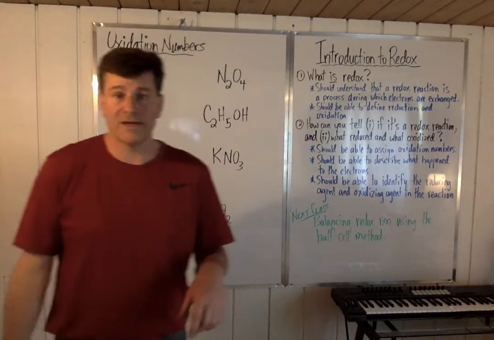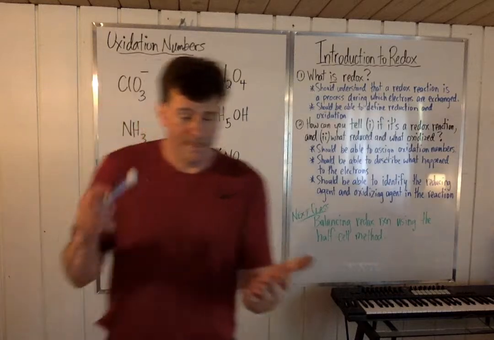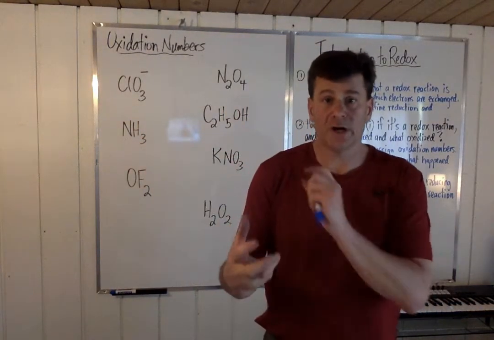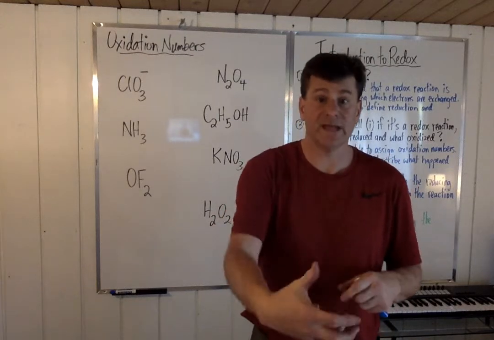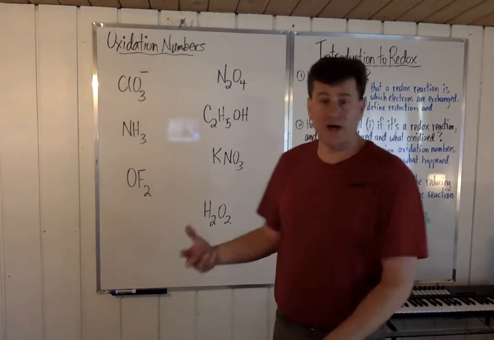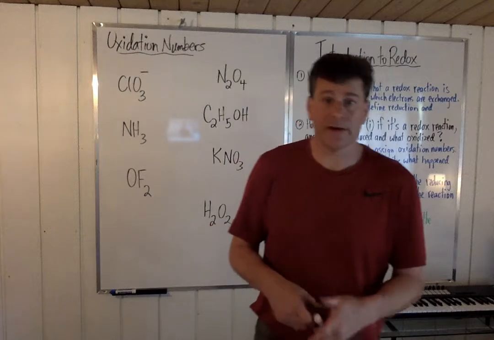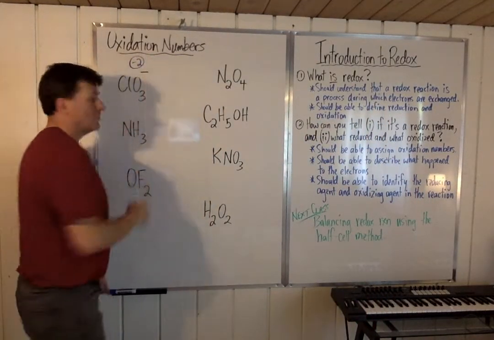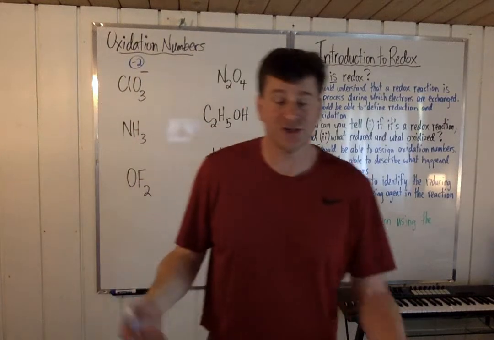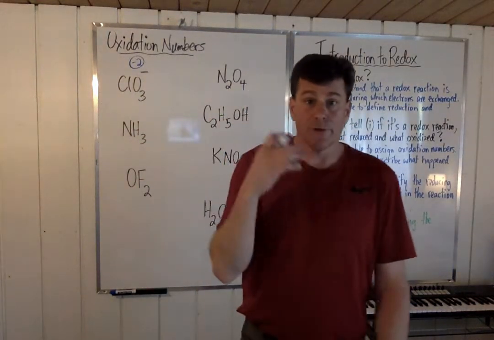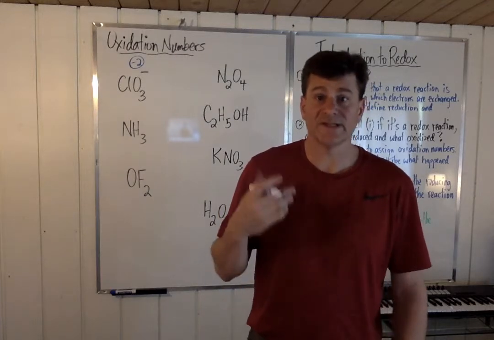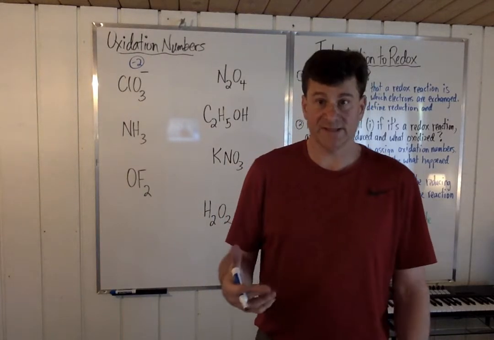Okay, so the first one I'm going to do is this guy over here. The ClO3 -1. So I've got a chlorine and I've got 3 oxygens. You put all those oxidation numbers together, they have to come out to -1. Who gets priority, oxygen or chlorine? Oxygen's higher on the priority list. Oxygen's -2. So I'm writing a little -2 above the oxygen. There are 3 of them, so the total charge from the oxygens is 3 times -2, -6.